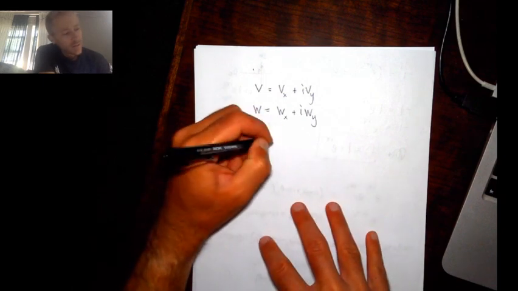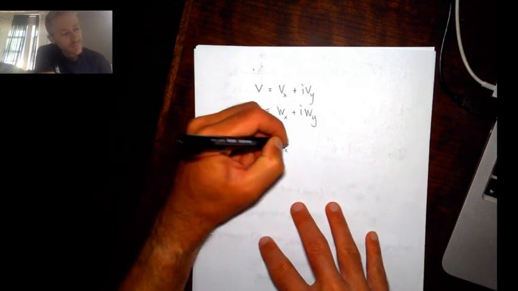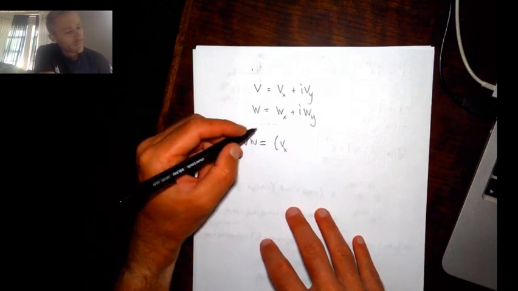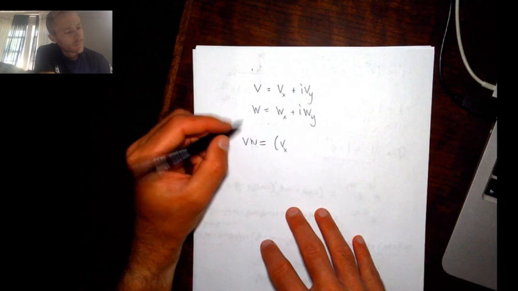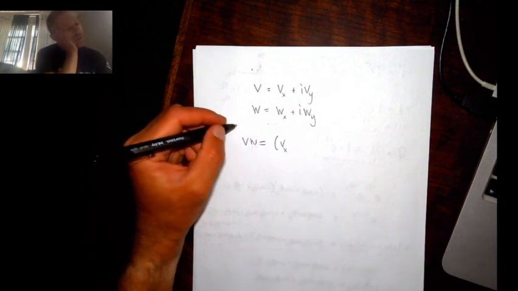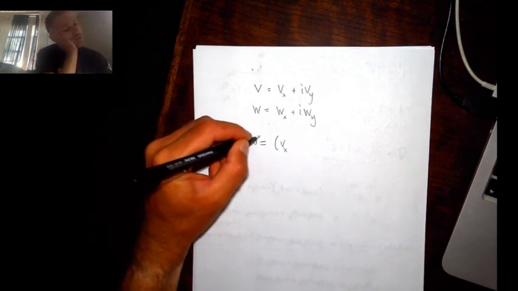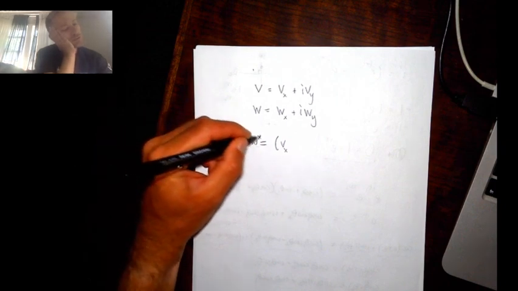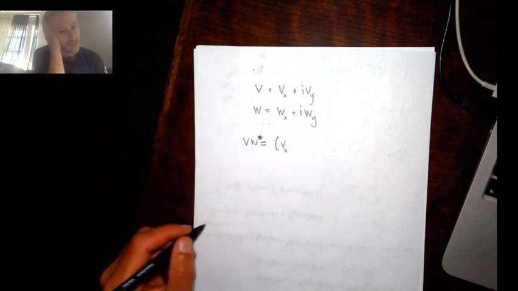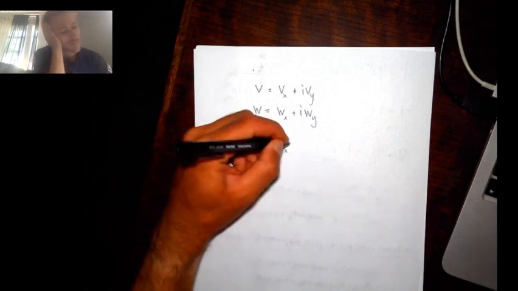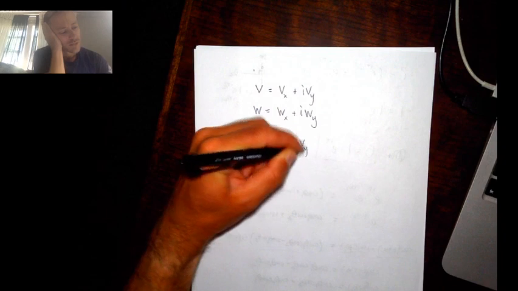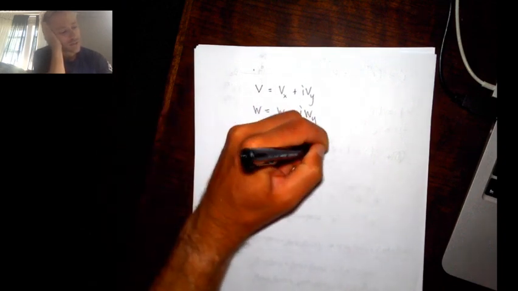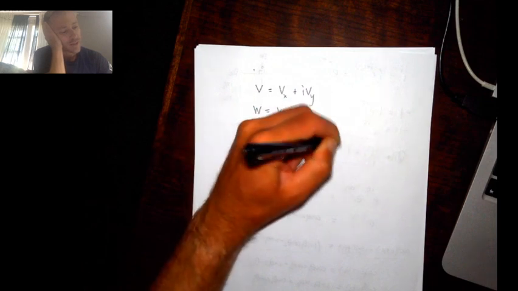Okay, that's going to be vx... hang on a second. I think I want to do v w star. That's what I meant. v w star. So v times the complex conjugate of w. So that's vx plus i vy times wx minus i wy.